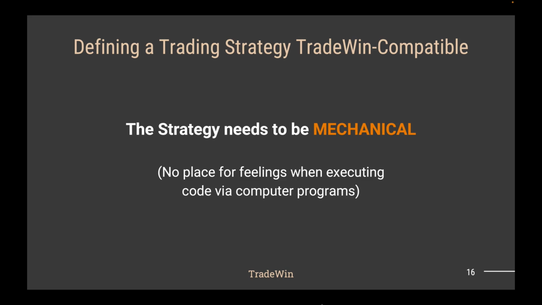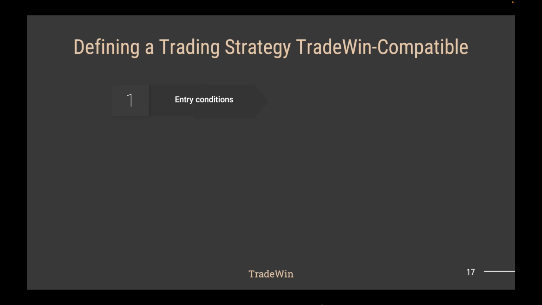There is no place for feelings when executing code via computer programs. So TradeWin is definitely not for discretionary traders who make decisions based on we don't really know what. TradeWin is for mechanical strategies. What is a mechanical strategy?